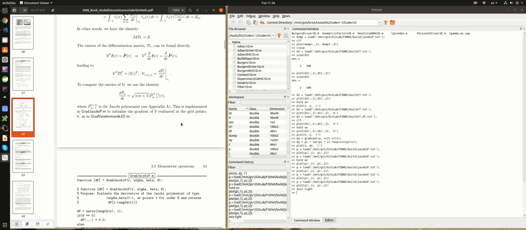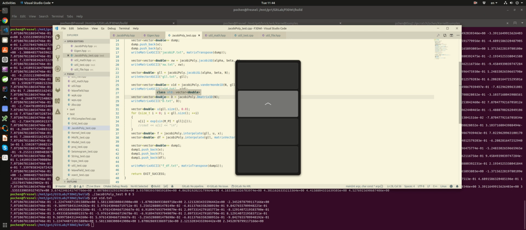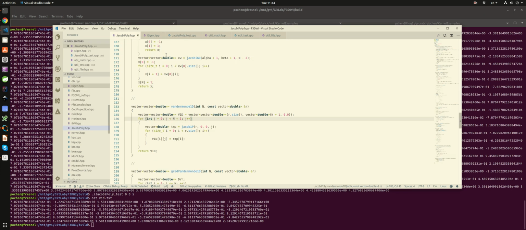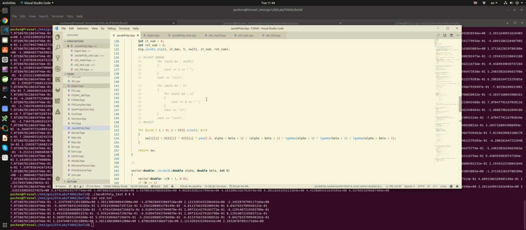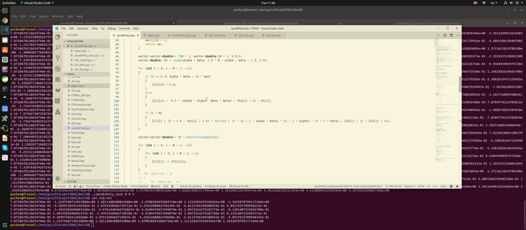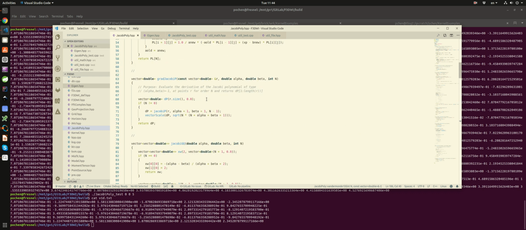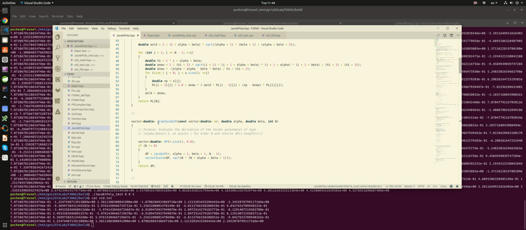That's how you evaluate the derivatives. So all we need is a function to compute the derivatives of the Jacobi polynomials, and that's called grad Jacobi P. It allows us to compute the derivatives of a Jacobi polynomial.